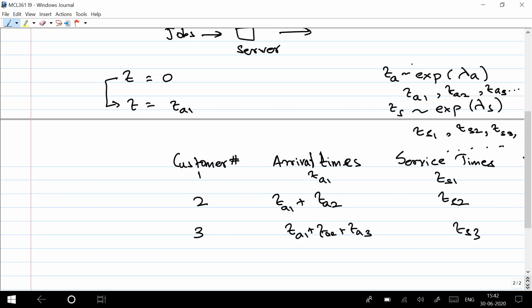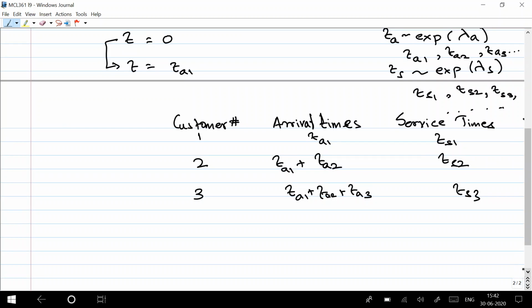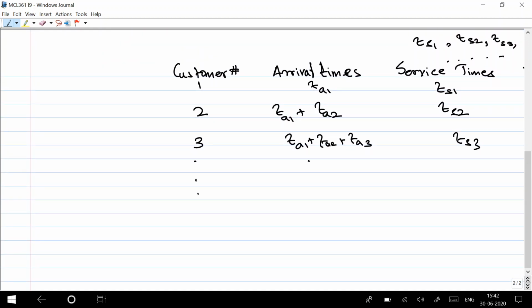Now what you do is, once you have the arrival time of this customer, plus the service time of this customer, you know when the start time of the next customer is. Unfortunately I don't have the space here to write down the service start and the service completion time, so I'm just going to write this down again.